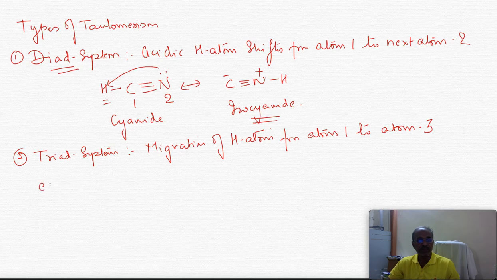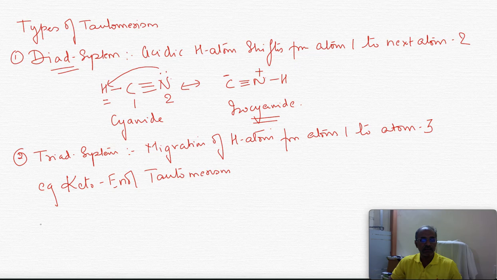The best example for this happens to be known as keto-enol tautomerism. Take for example CH2 C double bond O. We can take for example OH.